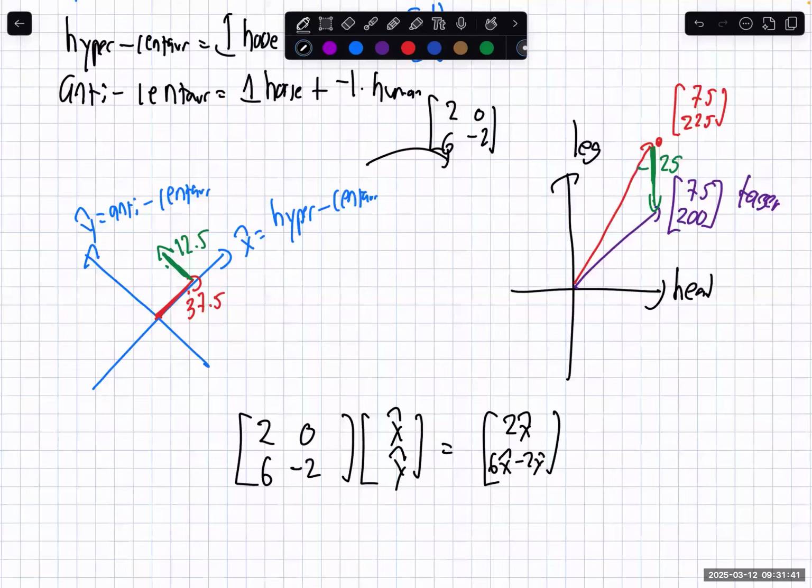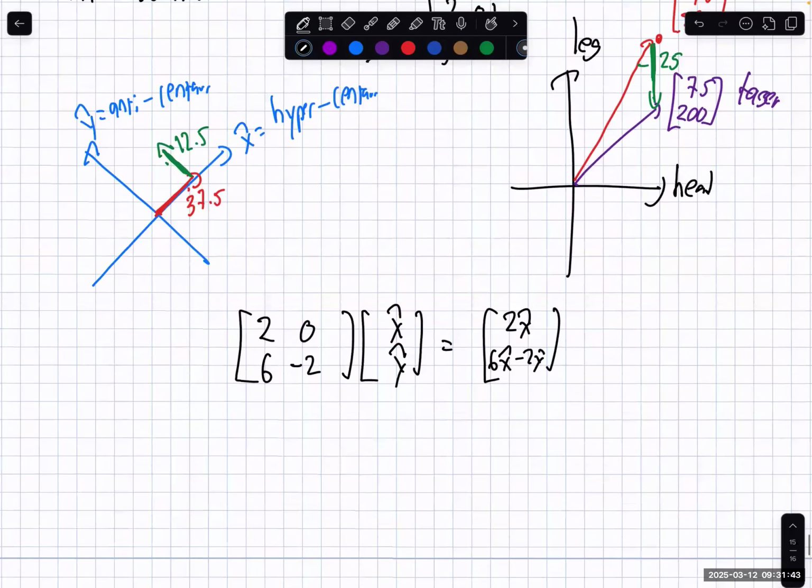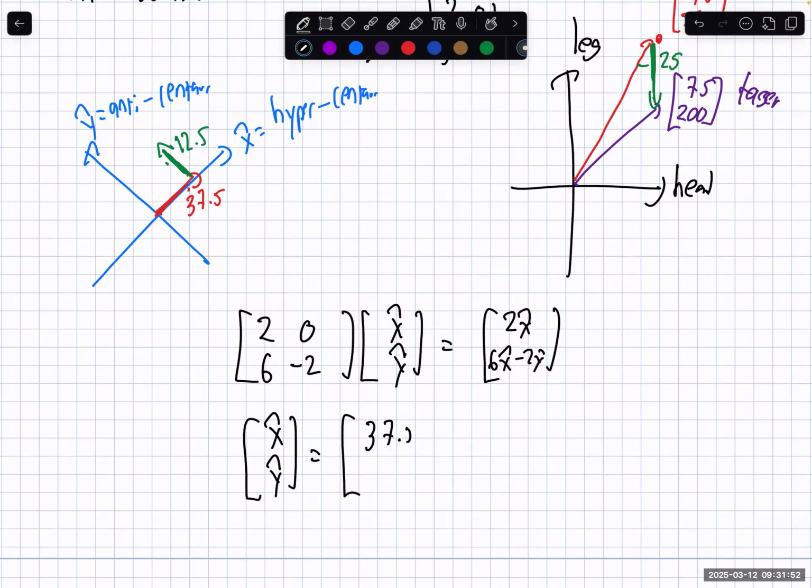So the solution to this equation, and I can do this without finding the inverse, is x hat, y hat is 37.5 and then 12.5.